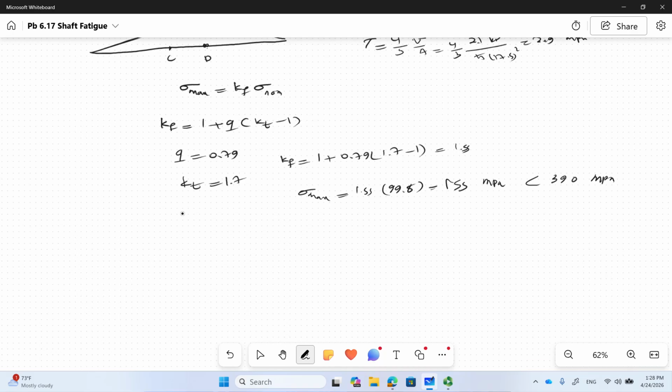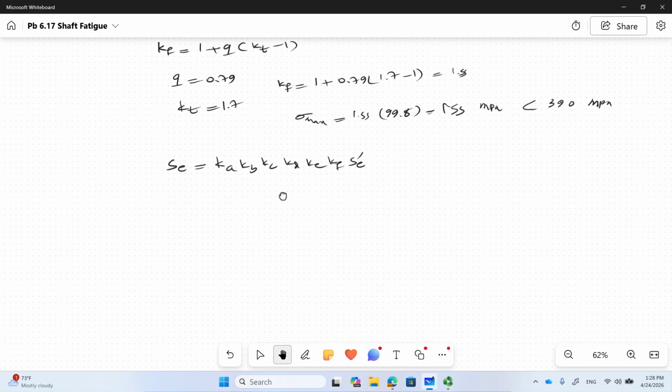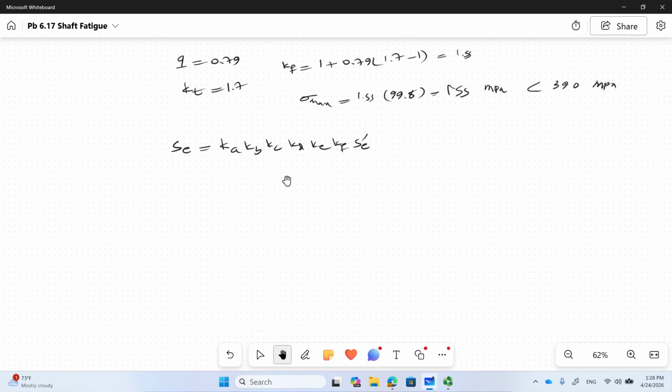For that, we need to know Se. If I know Se, I can compare this with the Se. Since it's not given, we have to calculate that. Se is Ka, Kb, Kc times Kd, Ke, Kf, and then Se prime, right? So we need to know what those are. We have to calculate them, right?